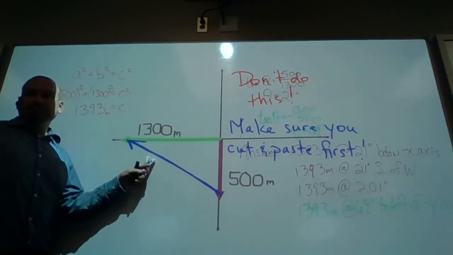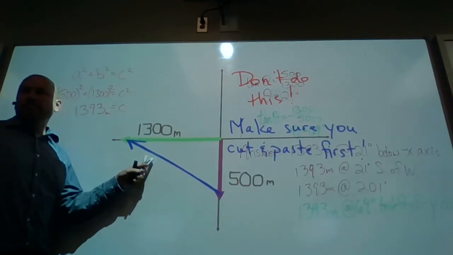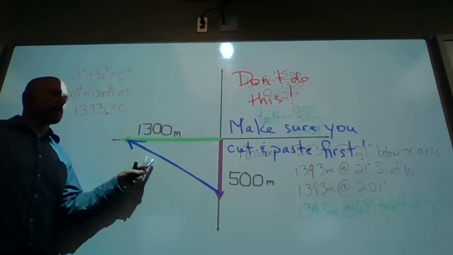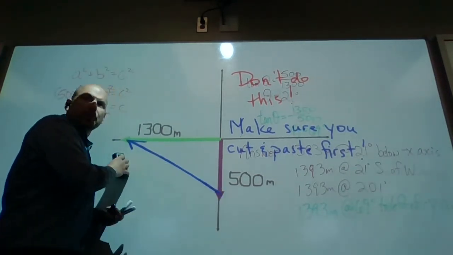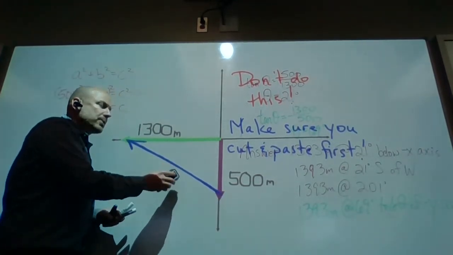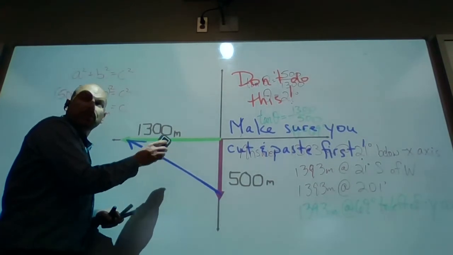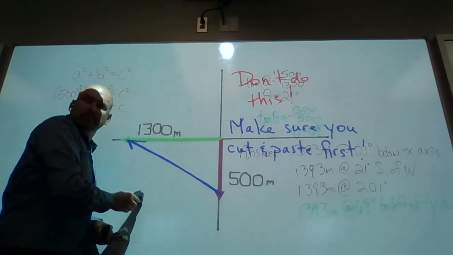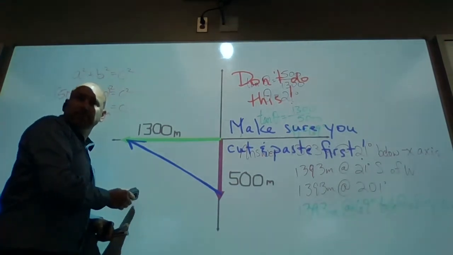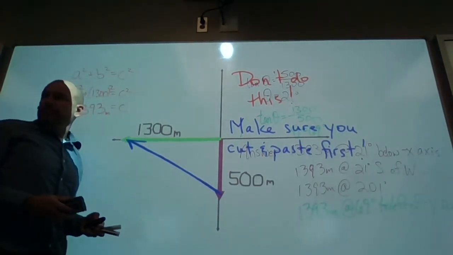But the direction, good luck. Okay. So always remember to do head to tail, cut and paste first. One safeguard, you always want the resultant to start at the origin and draw away from. Good with that?